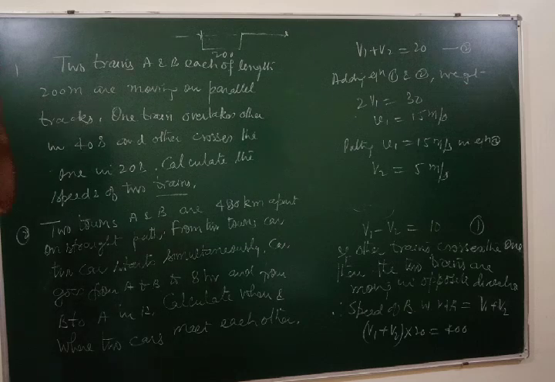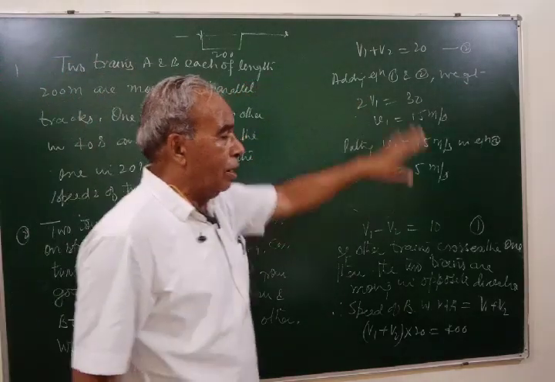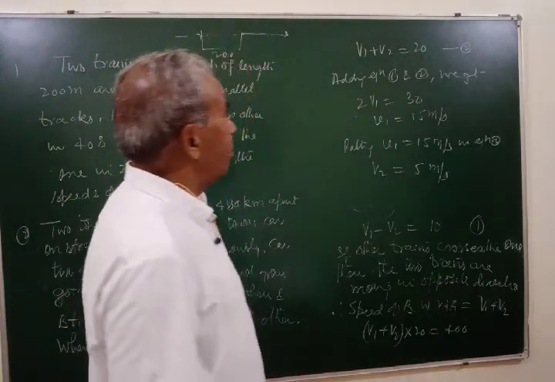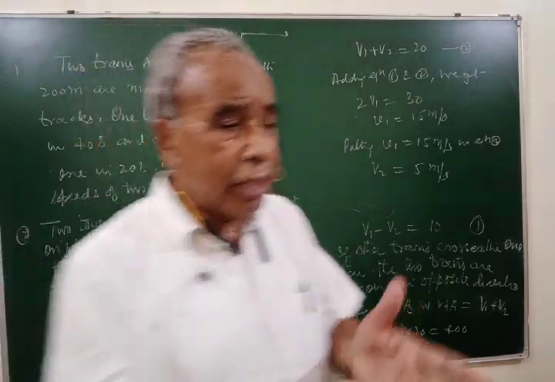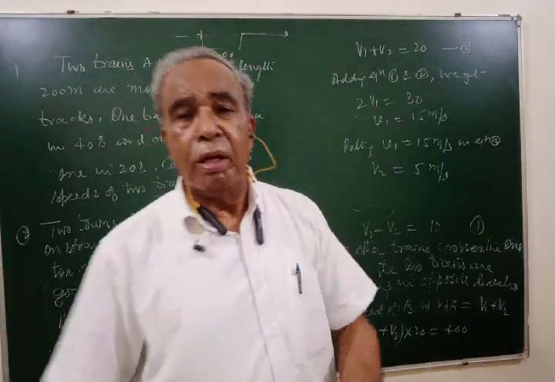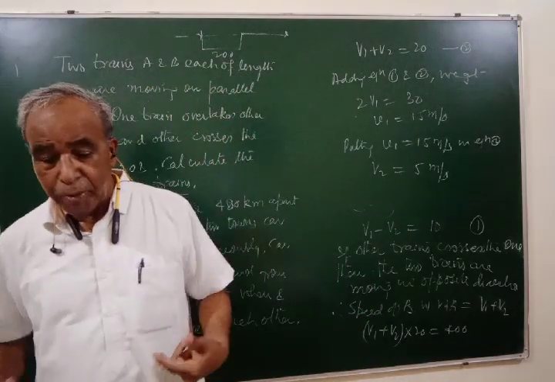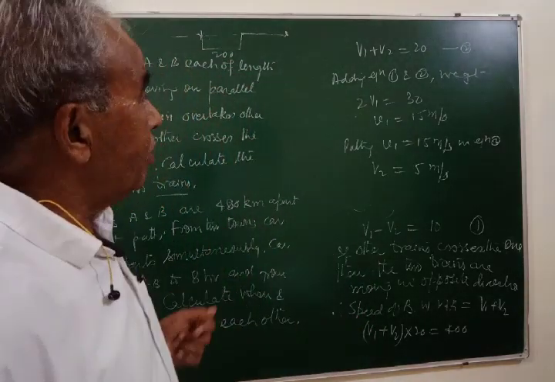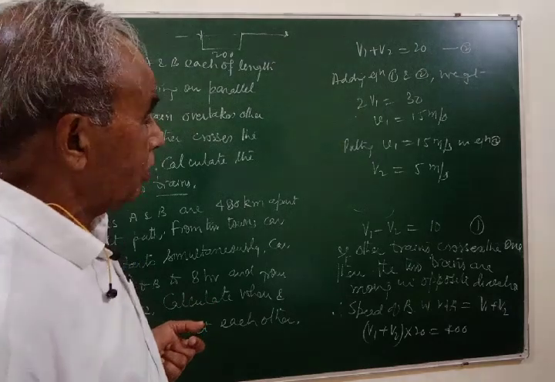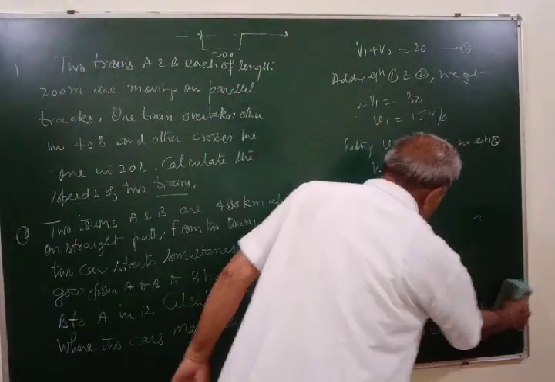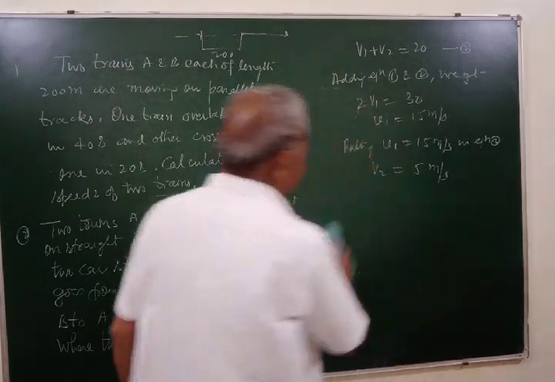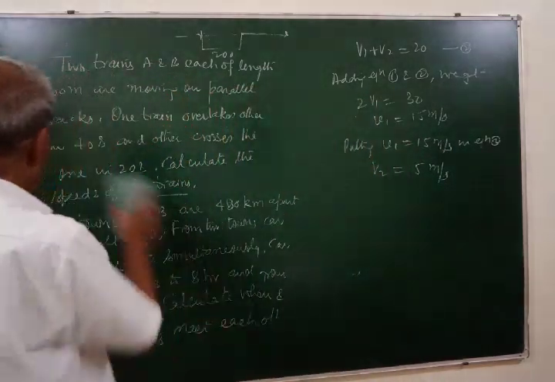Train A overtakes B in 40 seconds while B crosses A. When they overtake, they move in the same direction, and when they cross each other, they move in opposite directions. It was simply a question of relative velocity. So you have got it? Now the second question.